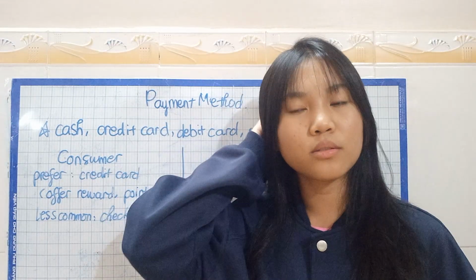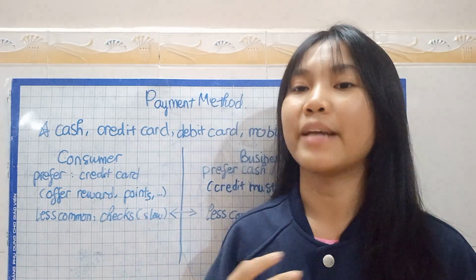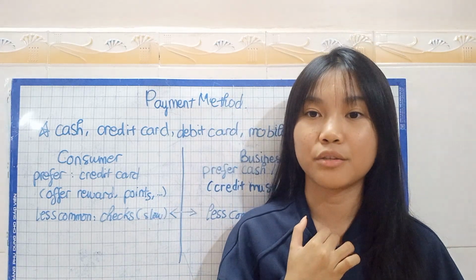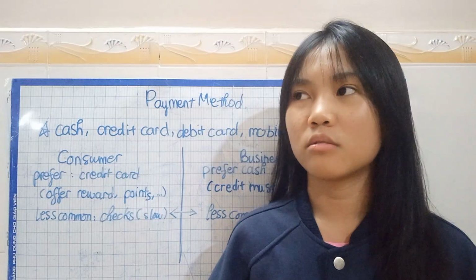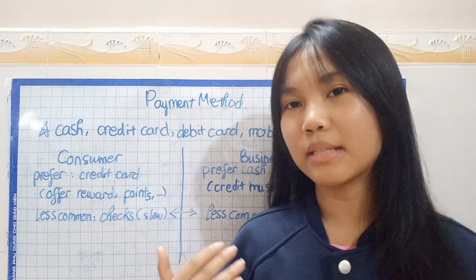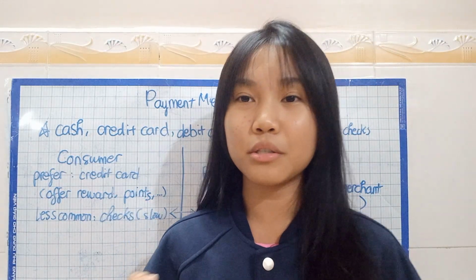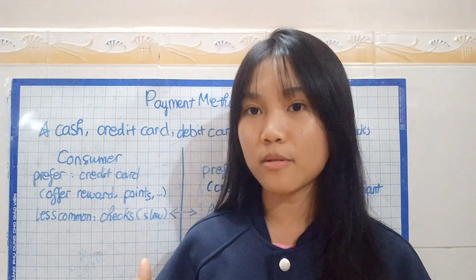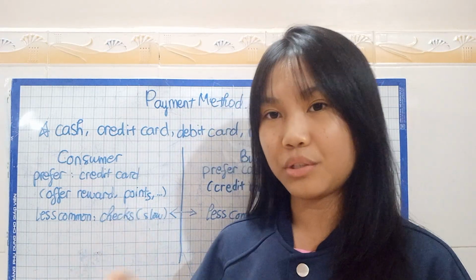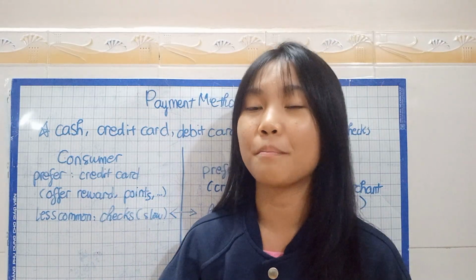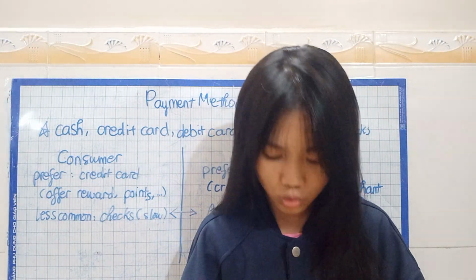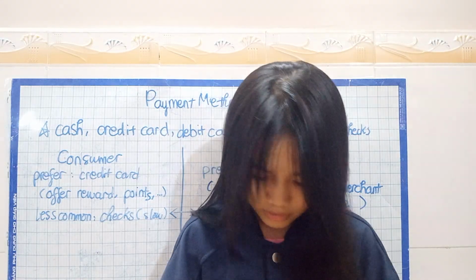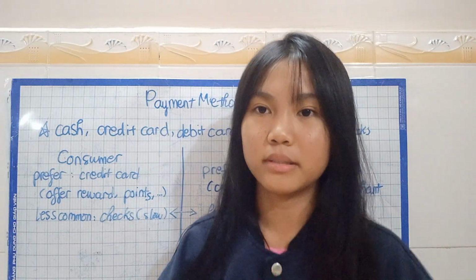But today, people are starting to use checks less. Sometimes you can still see checks, but they usually only show up when there's a very big amount of money, or when you win a prize or something. They'll usually give that to you in check form. But when you're buying things, like when you're going to the grocery store, you don't really pay with checks at all. So that is what today's world is like.